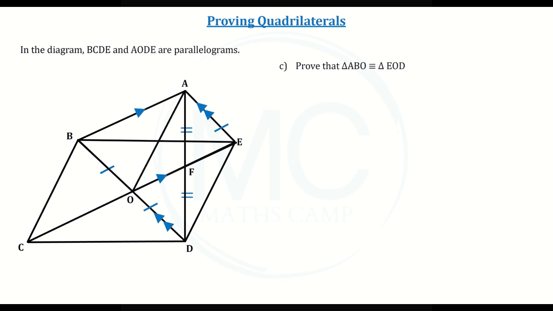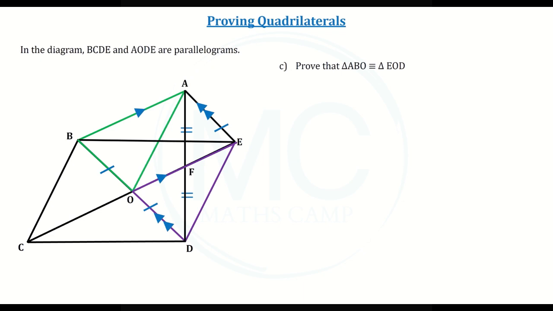Prove that triangle ABO is congruent to triangle EOD. Let's make triangle ABO green and triangle EOD purple. To prove that two triangles are congruent, we need to prove that three pairs of corresponding sides or angles are equal.